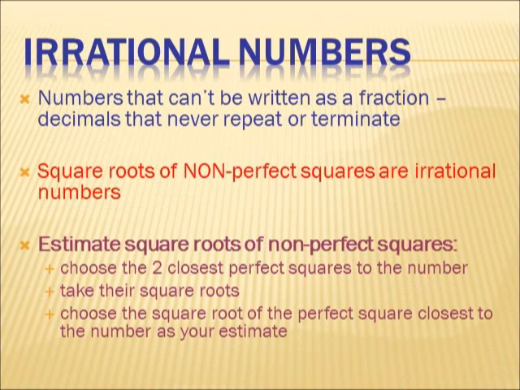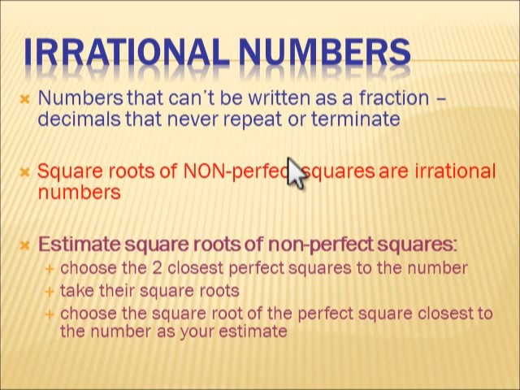Irrational numbers, as far as you have learned so far in your math history, are pretty hard to come by. There aren't too many numbers that we use that are irrational, okay? If you cannot write it as a fraction, it's irrational. So decimals that never repeat, they never end, they're irrational.